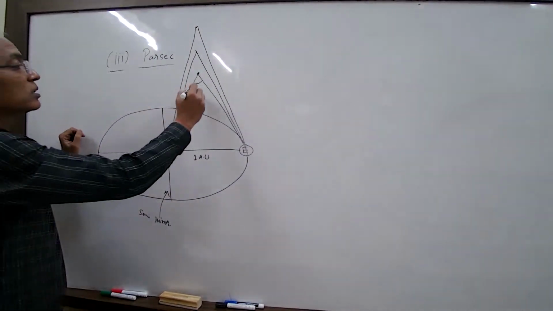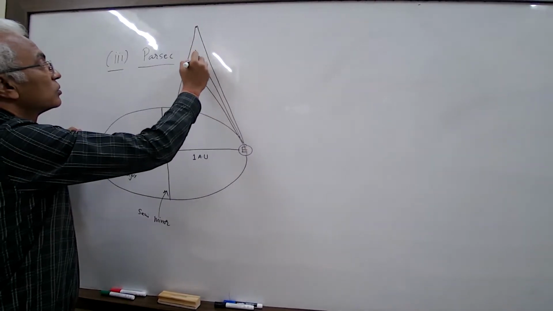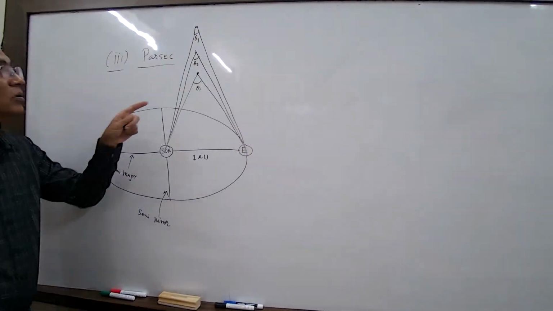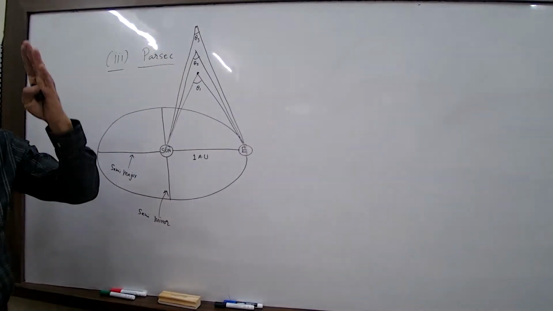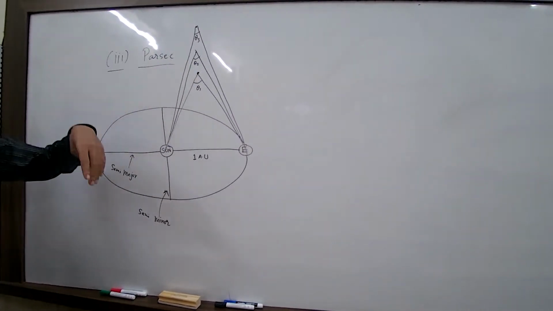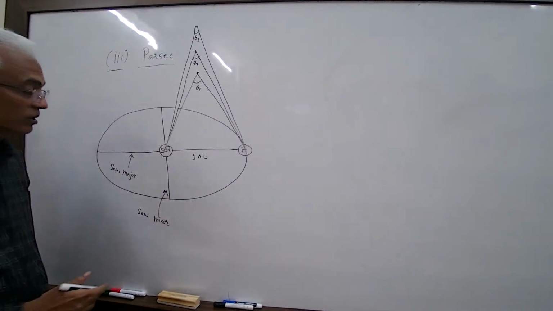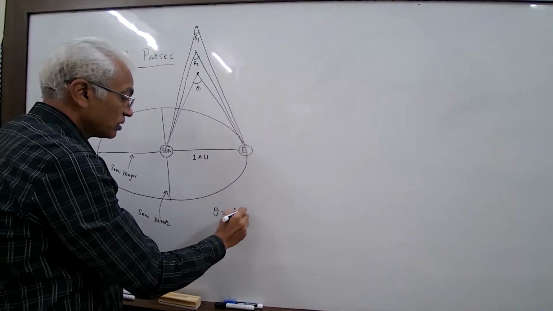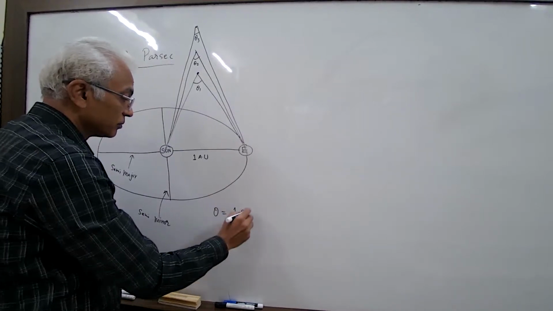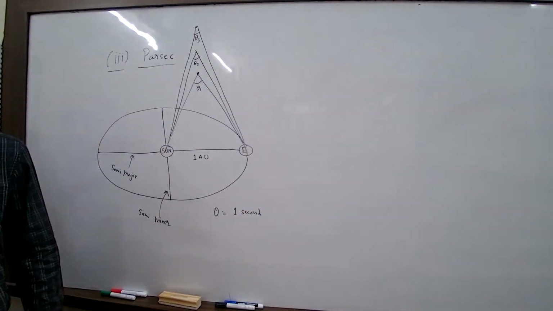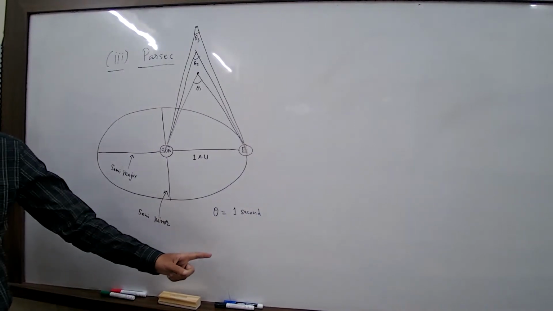Let's say this is theta 1, this is theta 2, this is theta 3. So this angle is going on reducing as you go away. So at some very far away distance, this theta will become equal to 1 second.